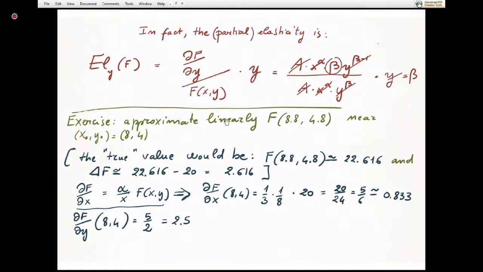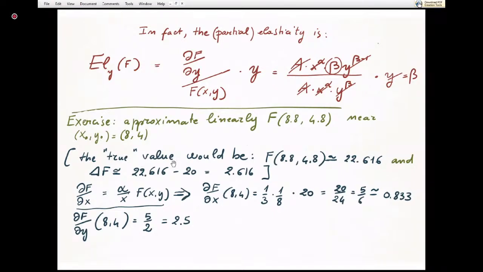But now approximate linearly the value of the function at the input levels 8.8, 4.8, near the initial input level 8.4. This means that we basically use the tangent plane to the surface at this point.